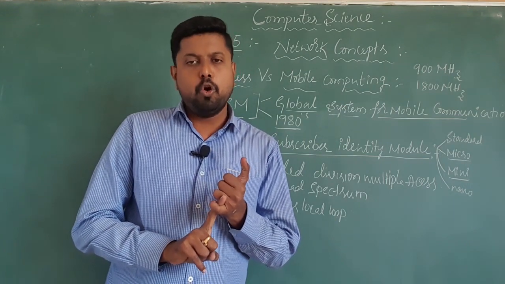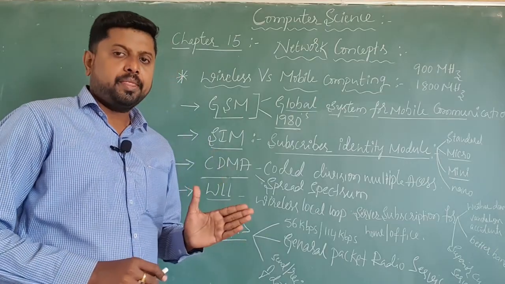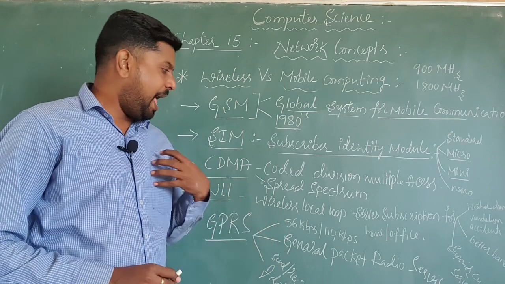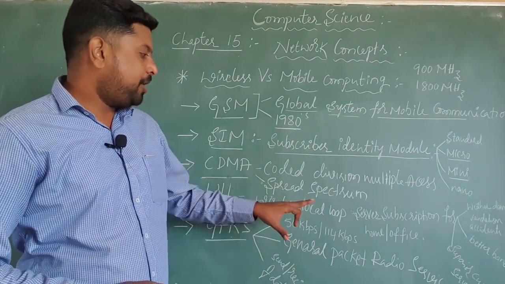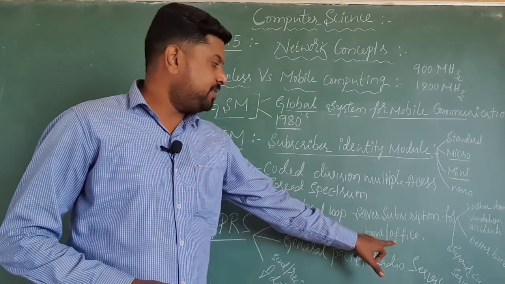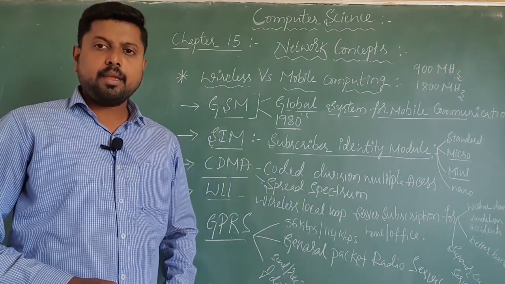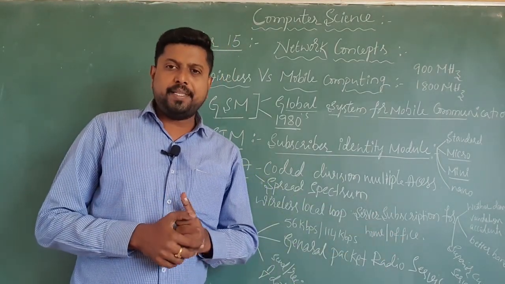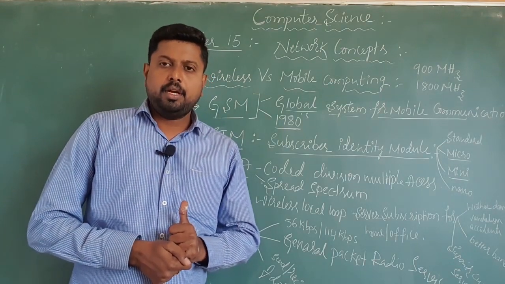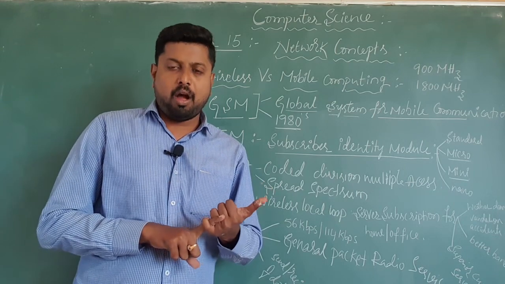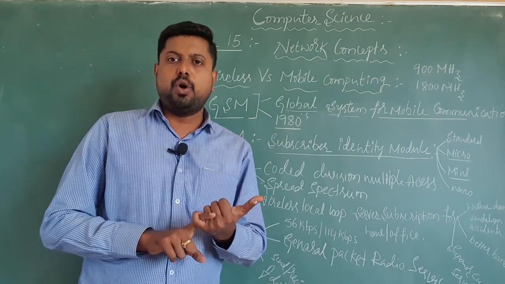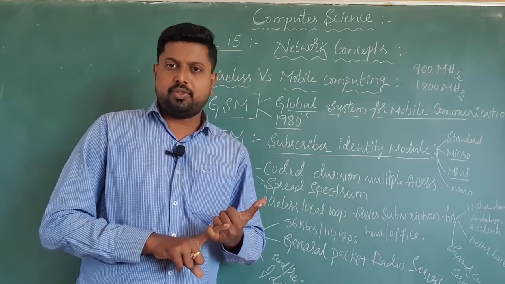In WLL, we have a chance to subscribe for homes or offices individually. Wireless local loop is a type of service used for subscription for homes or offices. And we have so many advantages in WLL, dear students.